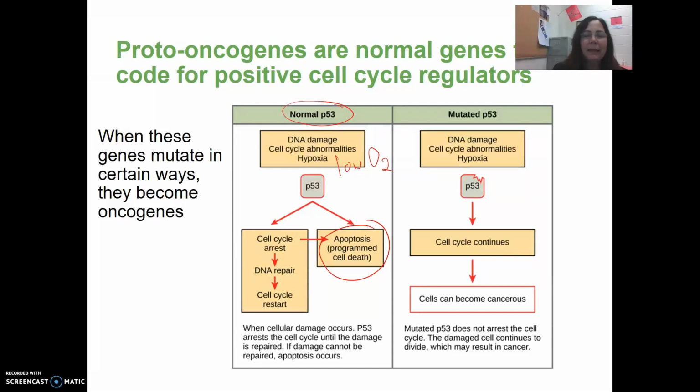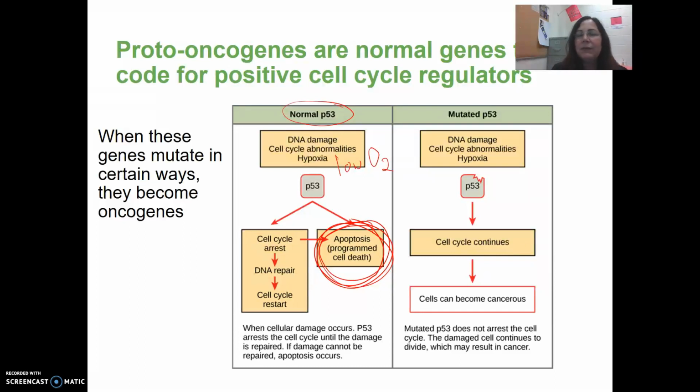Or if the DNA can't be repaired, then apoptosis will result. So P53 can lead to programmed cell death, or apoptosis, when that cell could possibly become a cancerous cell.